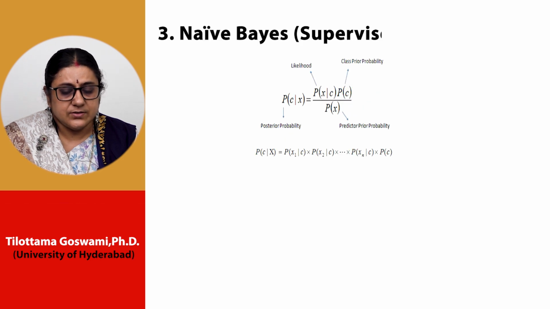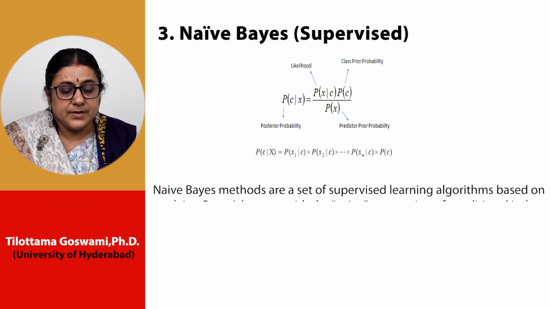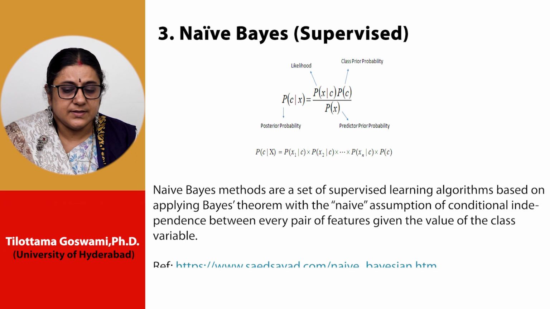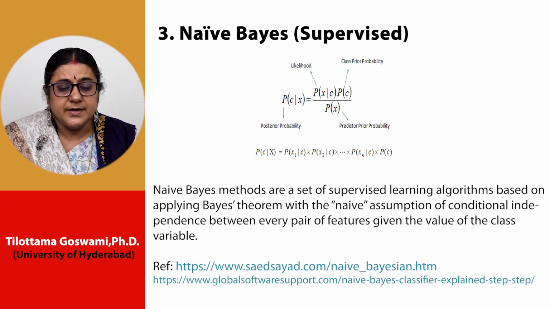Naive Bayes is a set of supervised learning algorithms which apply Bayes theorem. The word naive means the conditional independence between every pair of features given the value of the class variable.